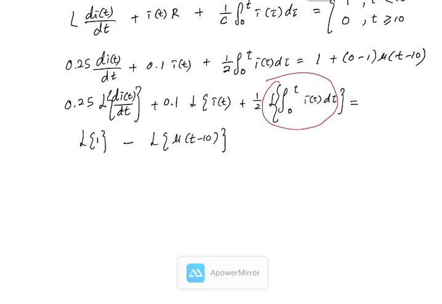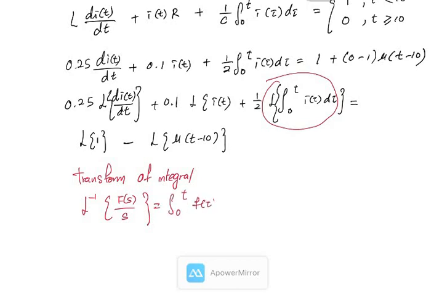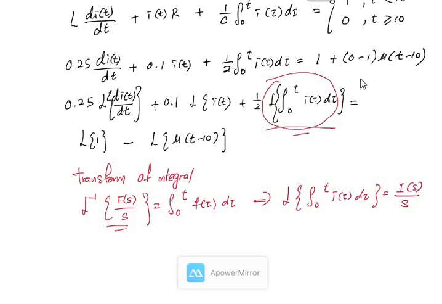The Laplace transform of F(s) divided by s gives the integral from 0 to t of f(tau) d tau. So for the Laplace transform of the integral of i(tau) d tau, you get I(s) over s.